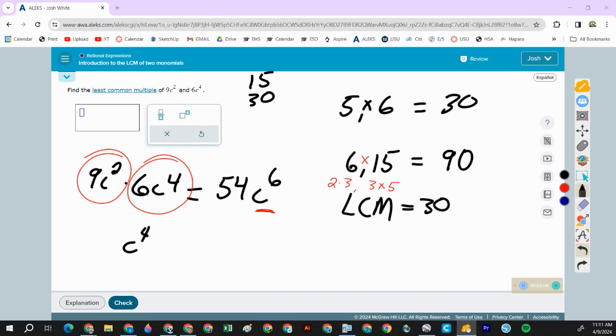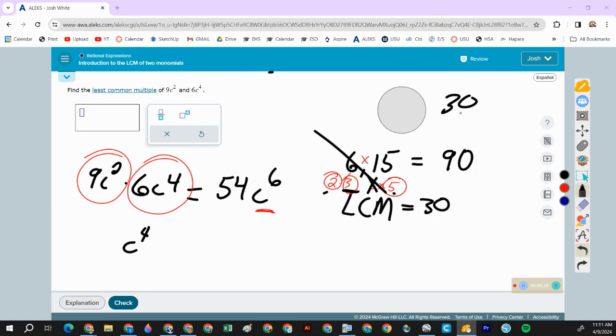So my least common multiple has to have a 2. It also has to have a 3. Does it need 2 3's? No. So I don't need to worry about this one because it's covered over here. And it also needs a 5. 2 times 3 times 5 is 30.